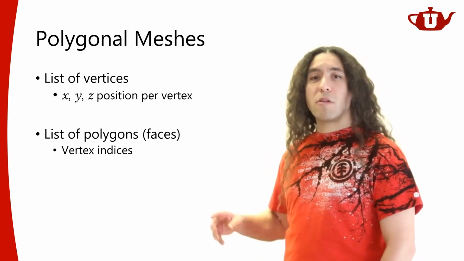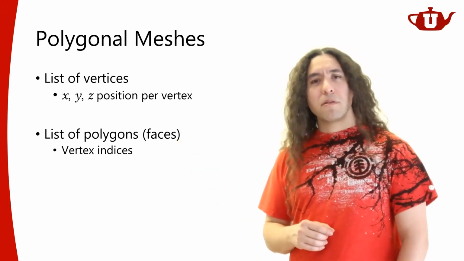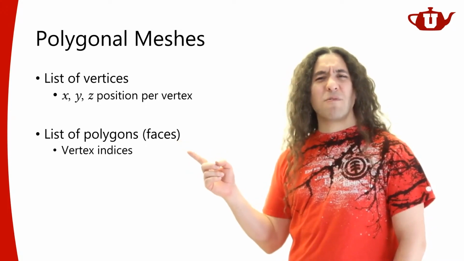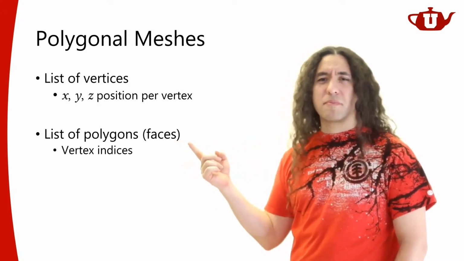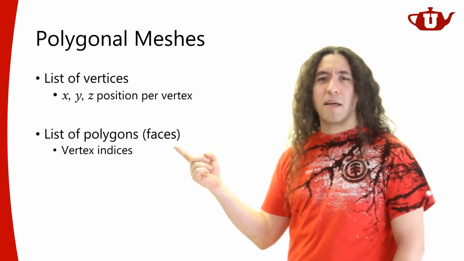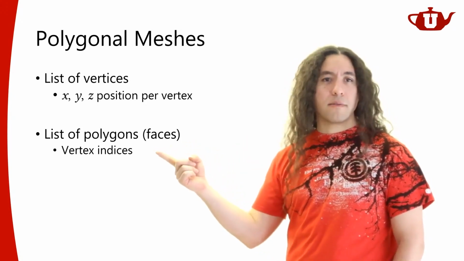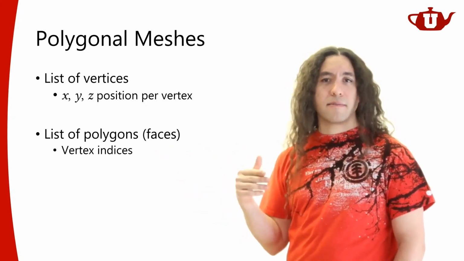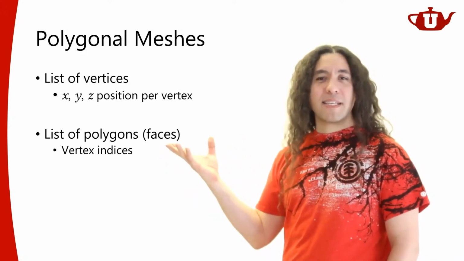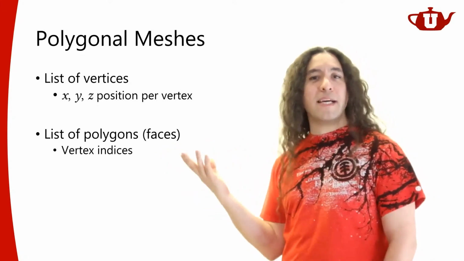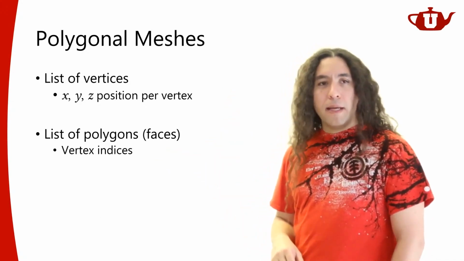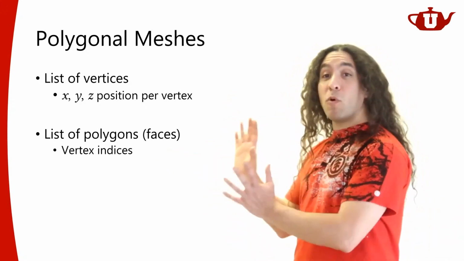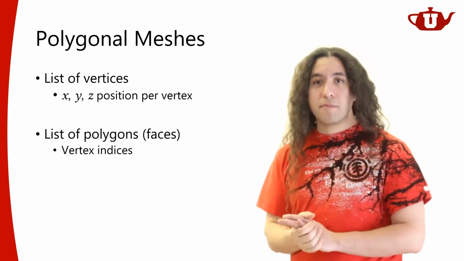We oftentimes call them faces. Some people, when they say faces, refer to triangles specifically, but I often use faces to mean polygons. When I say a face, what I mean is just a polygon of a polygonal mesh.